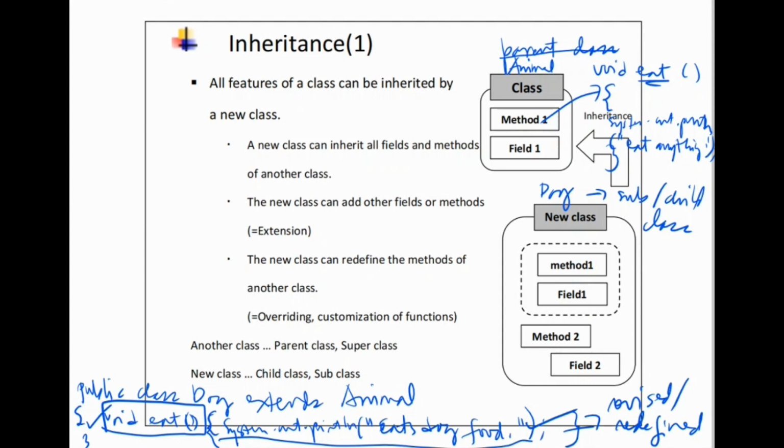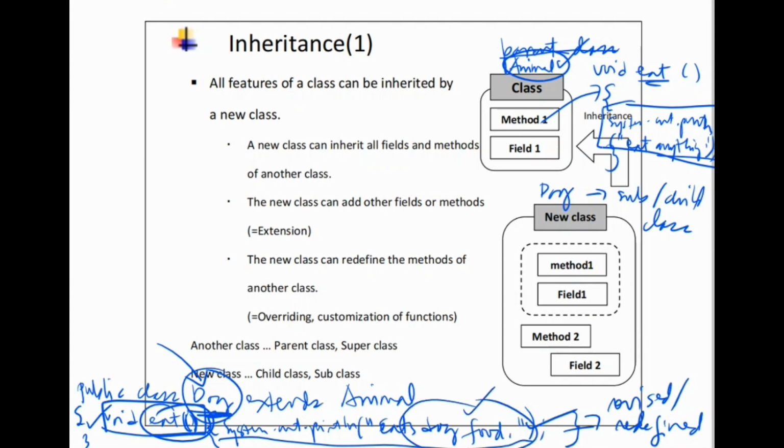So what happened here in the subclass or child class Dog is the inherited method, which is this one, eat without parameters coming from the parent or superclass Animal. The implementation of that is changed because in the parent class Animal, the implementation is System.out.println("eat anything"), while for the Dog subclass we change the eat method to "it's dog food."